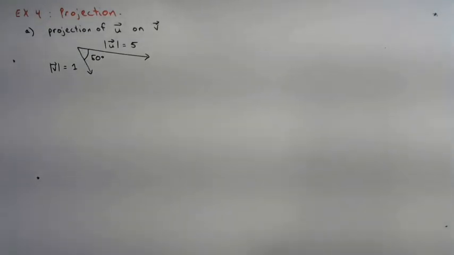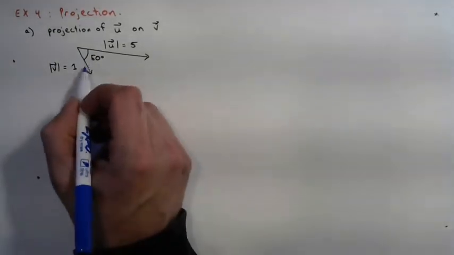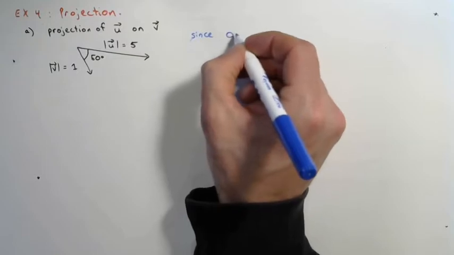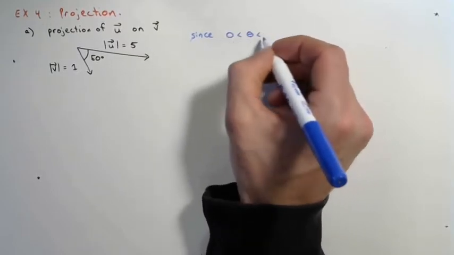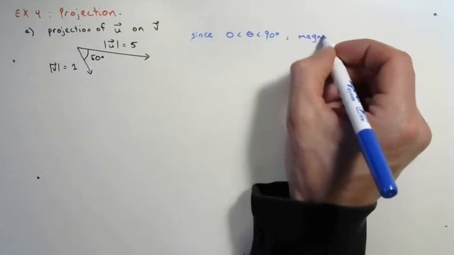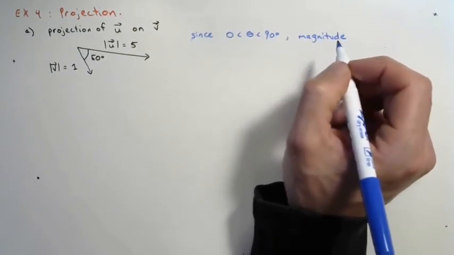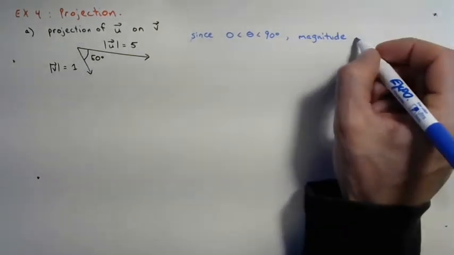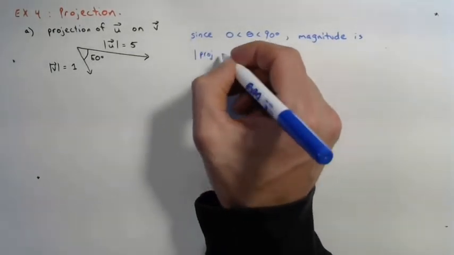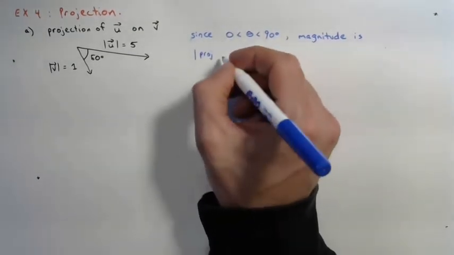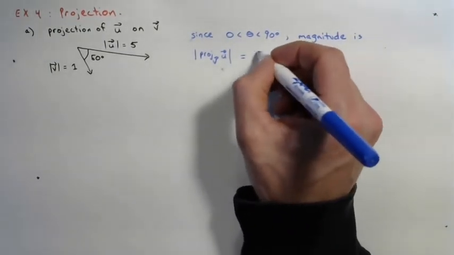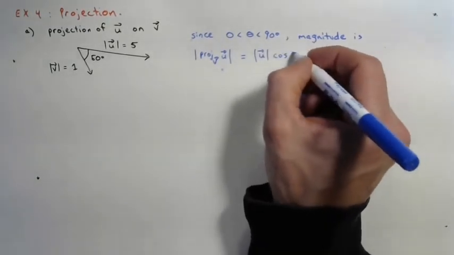There's actually 4 parts to this one. A, B, C, D. All right, well, since theta is between 0 and 90 degrees, the magnitude is given by the projection, so the magnitude of the projection of u onto v is equal to the magnitude of u times the cosine of theta.